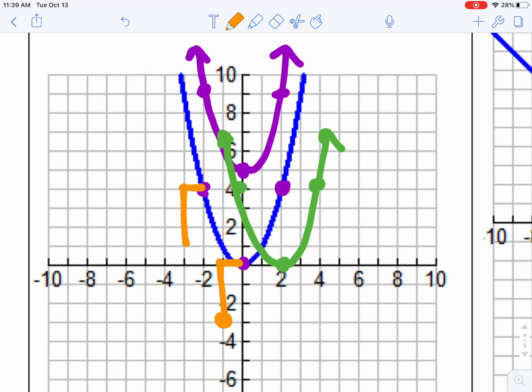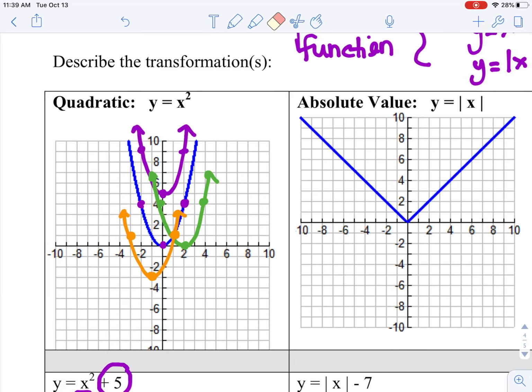Left 1, down 3, new point. Left 1, down 3, new point. And that's how I'm able to graph this. Now you don't have to put these lines that I had drawn in there, but I do follow my pencil, or my stylus in our case now, to plot those points. It does help me.